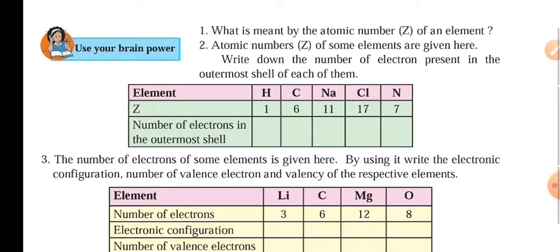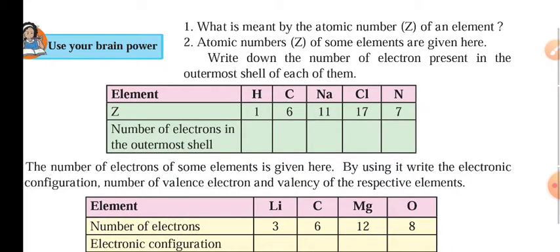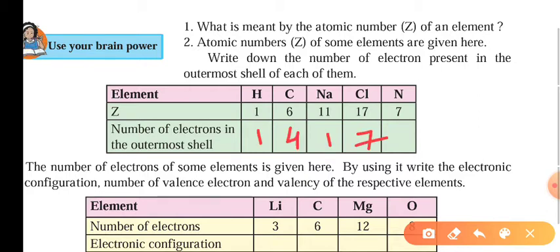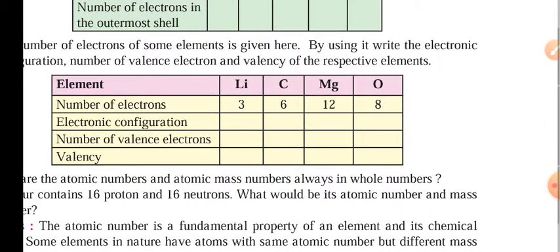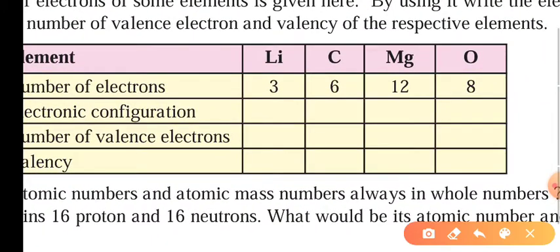Then you can see here the table also, number of electrons in the outermost shell for hydrogen, carbon, sodium, chlorine and nitrogen they have given. So for hydrogen it is 1, for carbon it is 4, sodium 1, chlorine 7 and nitrogen is having 5. Okay, these are the number of electrons in the outermost shell. Next they have given the electronic configuration, if you want you can write it down.